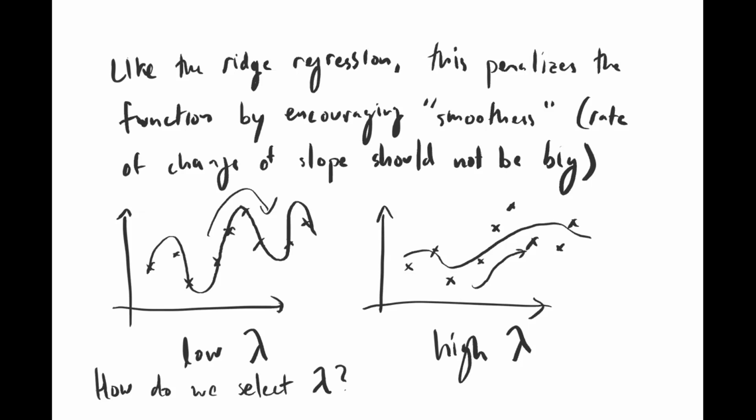So the way in which we select our lambda is going to be same as you would do in your ridge and lasso regression, and same as you're doing to select these parameter values across many of these different models. So you want to get the best out of sample fit as possible.